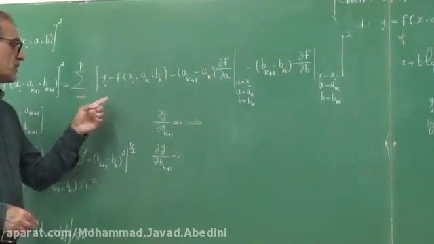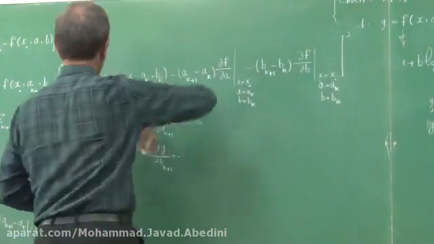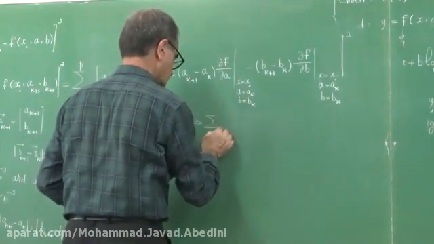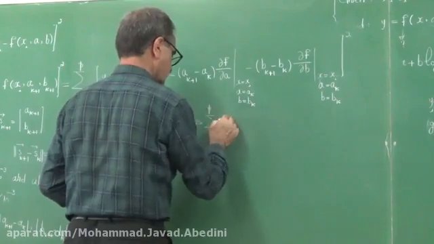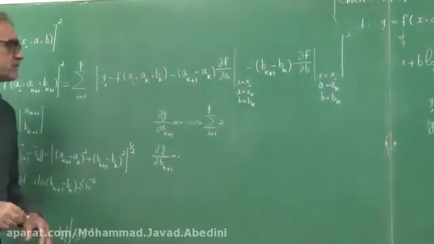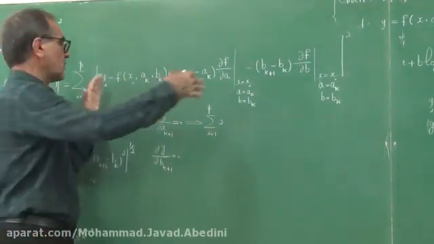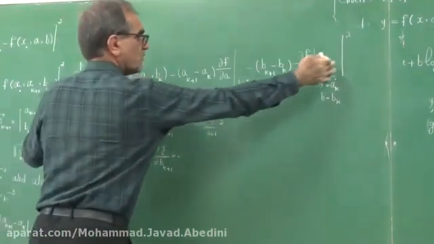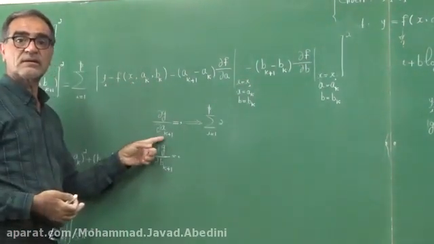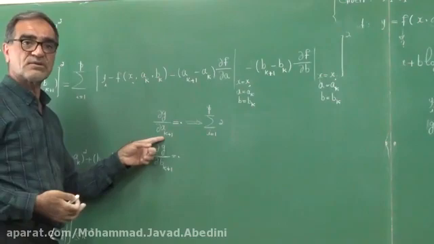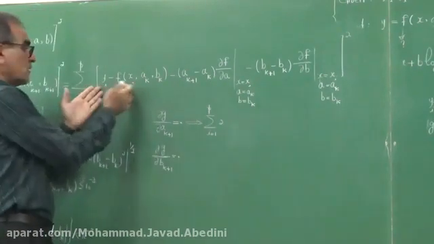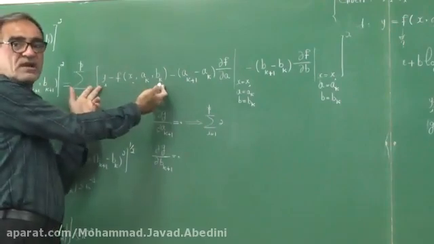By the way, you have to put these two now. You have to find the partial derivative of what you have here with respect to A_{k+1}. Can you tell me what is going to be that partial derivative? This has nothing to do with A_{k+1}.